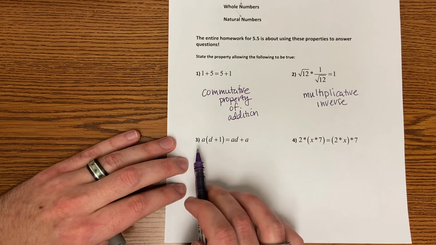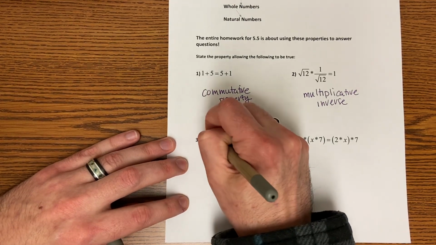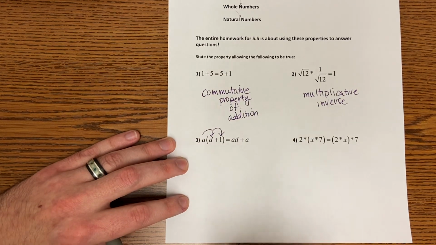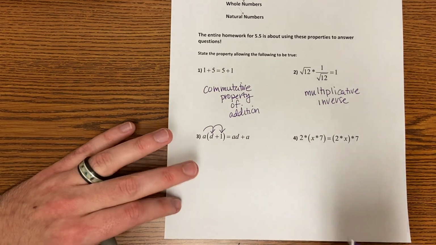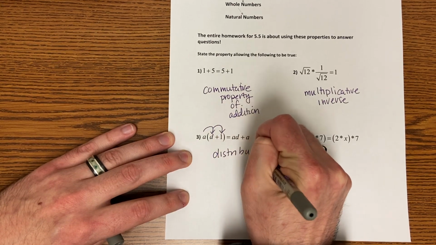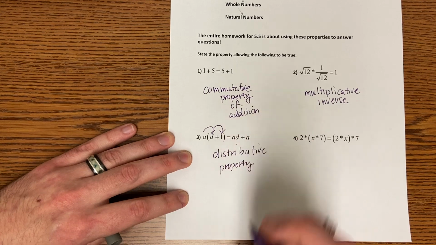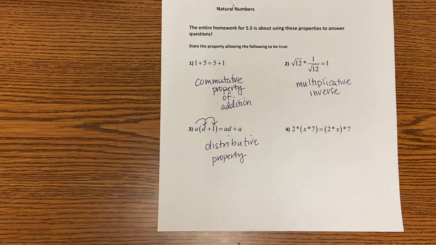What allows a times, in parentheses, d plus 1 to be ad plus a? Again, this is the property that allows us to distribute the a over addition. So this is the distributive property. Since the distributive property is about how multiplication and addition interact with each other, there is no distributive property of addition or of multiplication. It's just the distributive property because it talks about how they interact together.